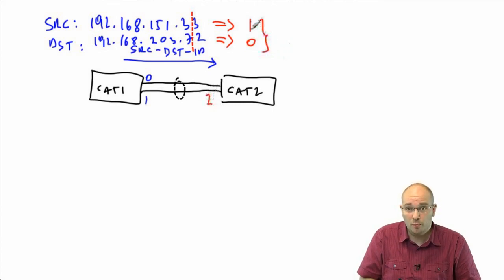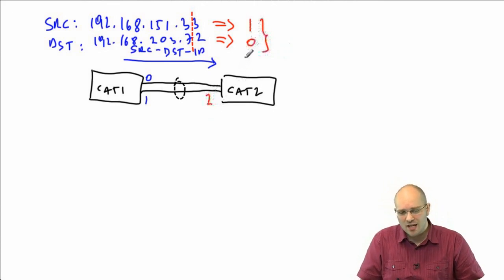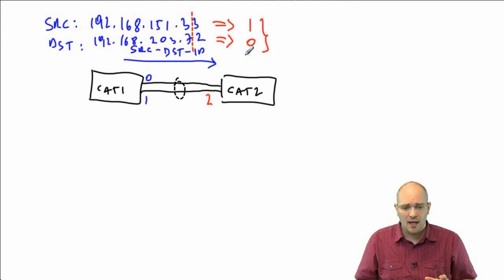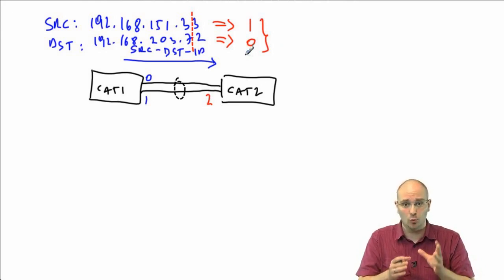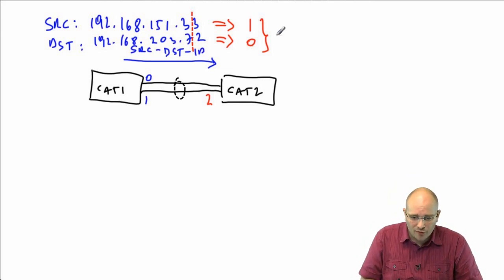If I use 2 bits here, I have 4 possible values that I'm dealing with. So how can I compress this information? How can I come up with a solution that instead of using these 2 bits, 1 and 0, in this particular case, I end up using just a single bit? So I somehow need to find a solution to use a single bit here.